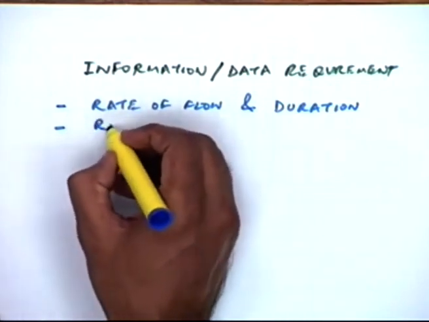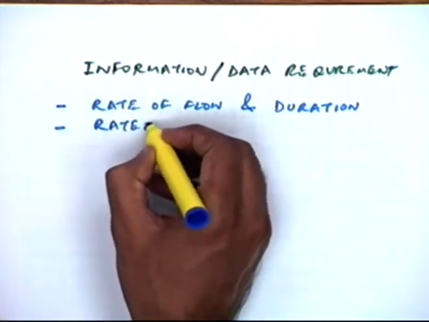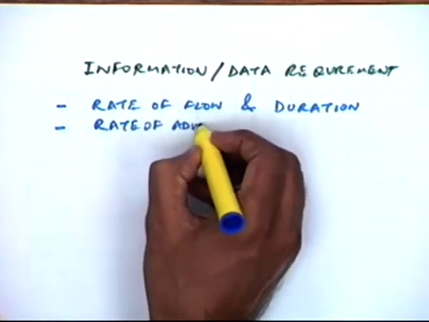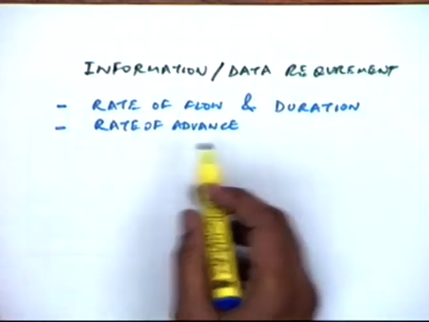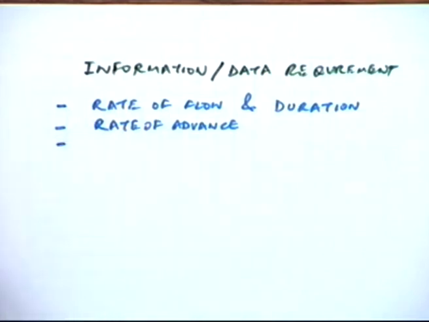You will also require to know the rate of advance. We have seen that the rate of advance gives you desirable information to find out how much water has infiltrated into the soil at that location. So the rate of advance is what you will be interested in.